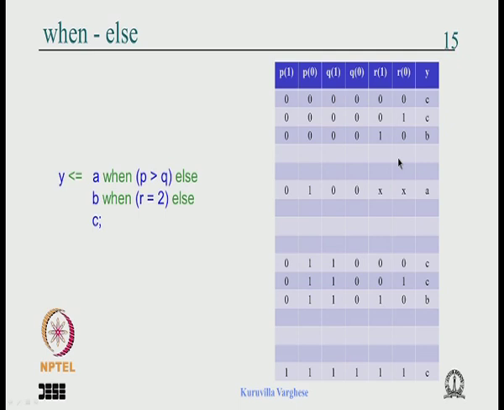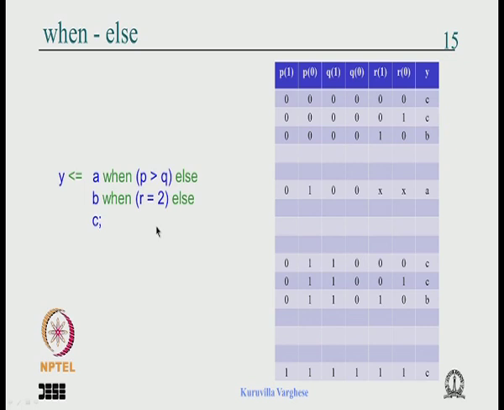So you will have 512 rows for this truth table, but you see the power of this statement: all those 512 rows are compressed into 3 statements, and many a time this is how we think. We don't think that when you have a spec of a combinational circuit you write the truth table, but we always think in terms of abstractions like this.